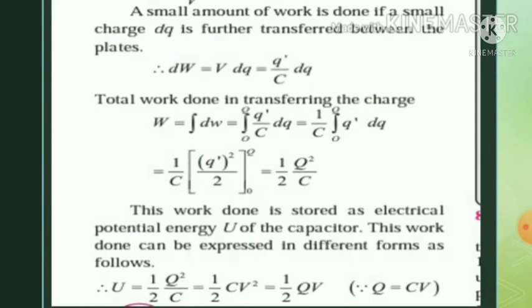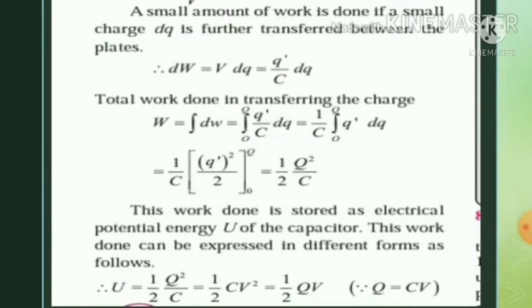Then also we can obtain the electrostatic energy of the condenser in terms of charge and potential, which is nothing but U equal to 1 half Q into V. This is also the electrostatic or electrical potential energy in terms of charge and potential.